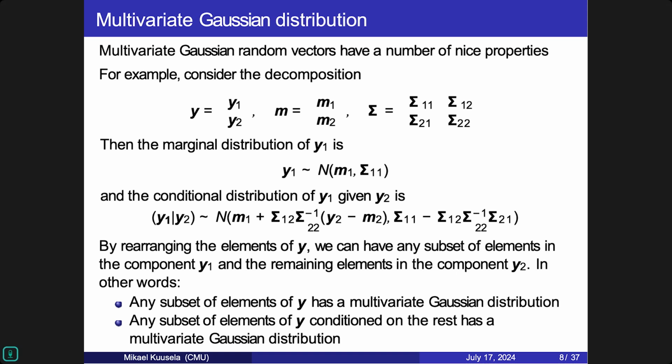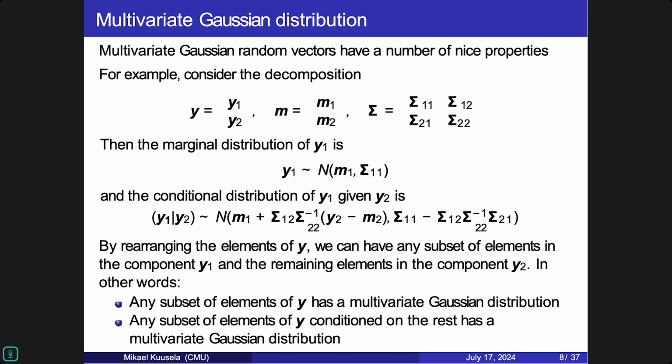And then you can ask questions. We assume that y has this distribution. So now the question is, what do we know about these individual components? The first question you might ask is, what do I know about the distribution of just this first component here? What is the distribution of y1? This is called the marginal distribution of y1.